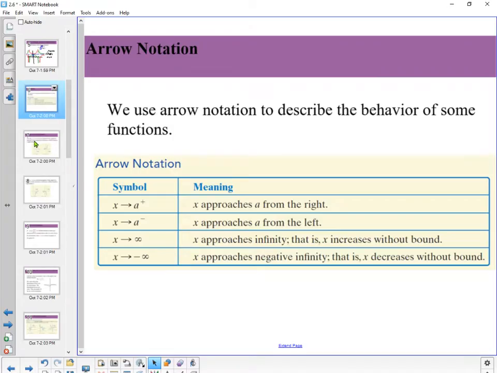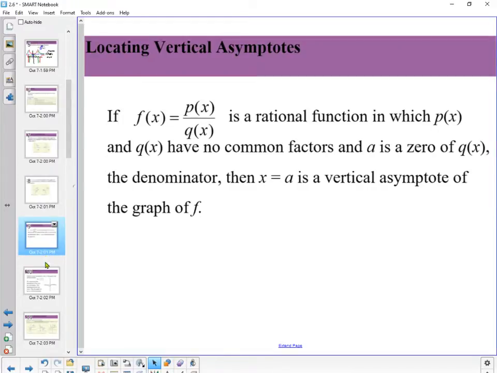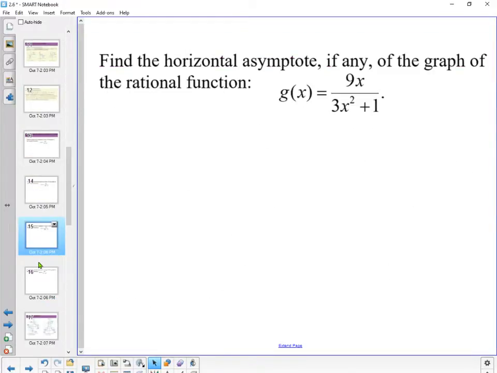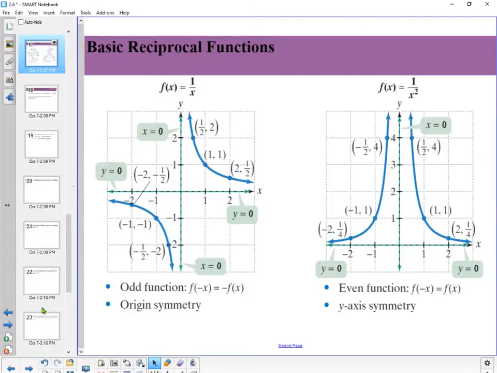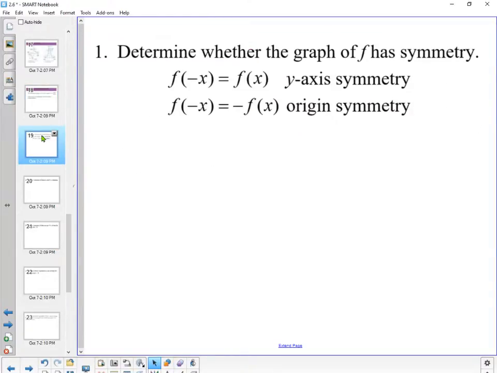So we left off on our arrow notation. Where are we at here? We talked about the asymptotes. We did that already. We did all that. Were we done? No. Oh, symmetries, right?